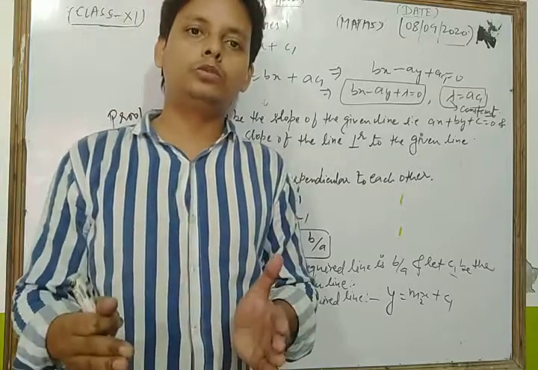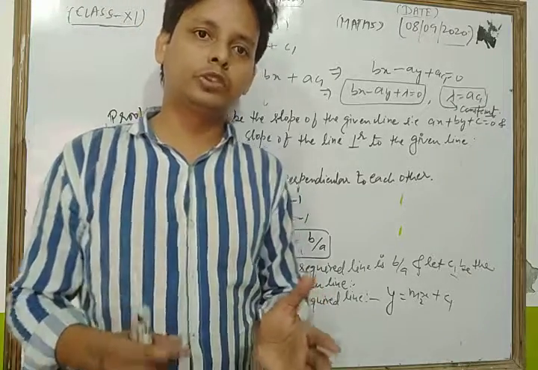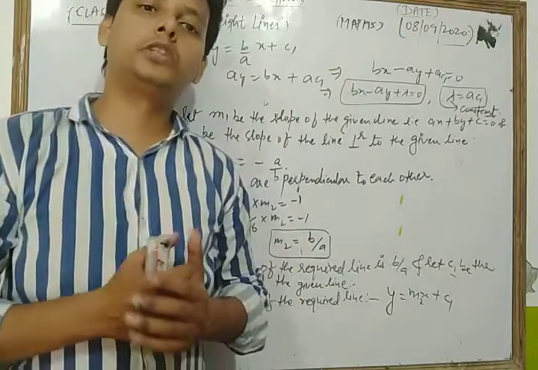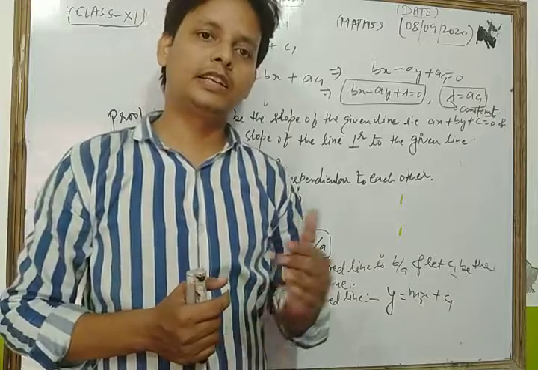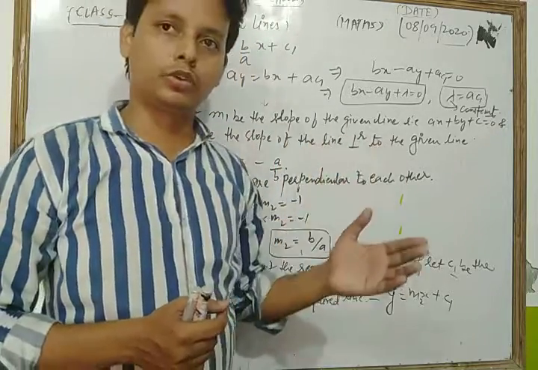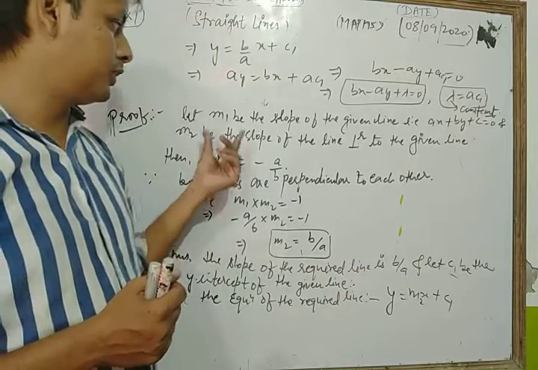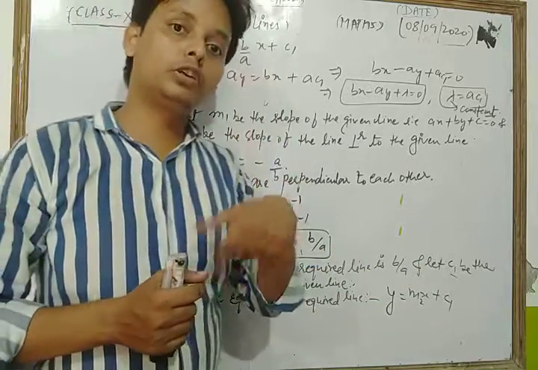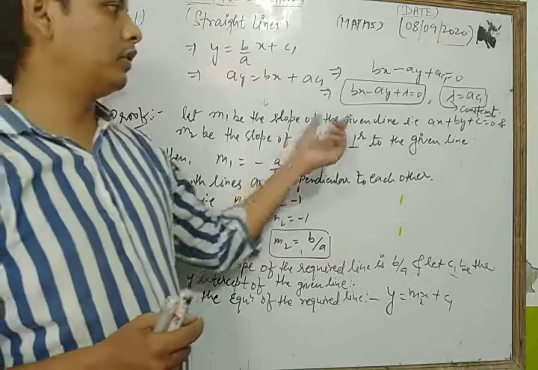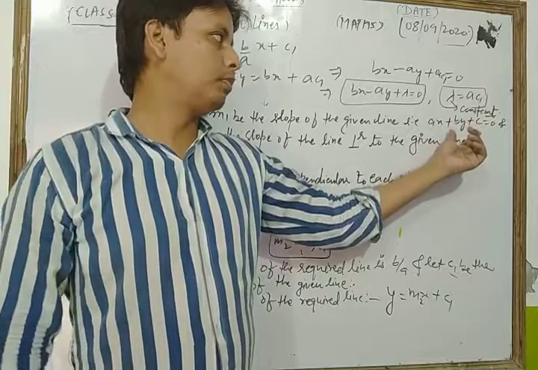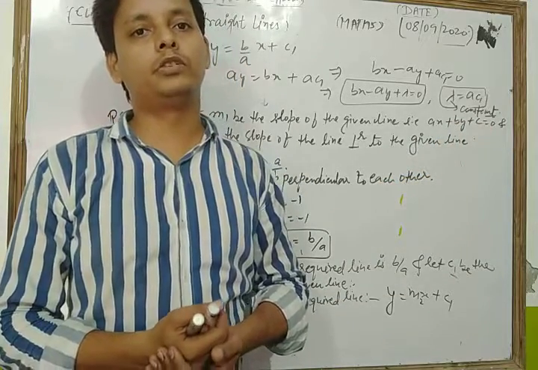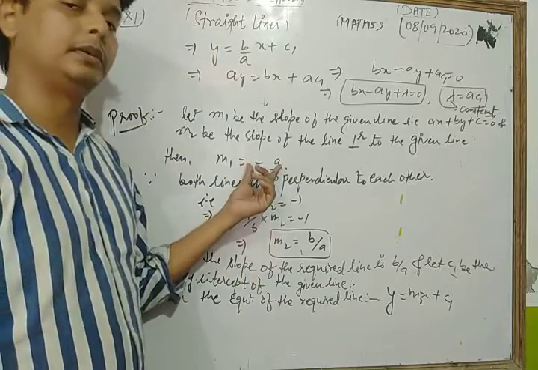First of all, let m1 be the slope of the given line ax plus by plus c is equal to 0, and let m2 be the slope of the line perpendicular to the given line. First we find the slope of the given line, that is m1 is equal to minus coefficient of x upon coefficient of y. In this way we get minus a by b.